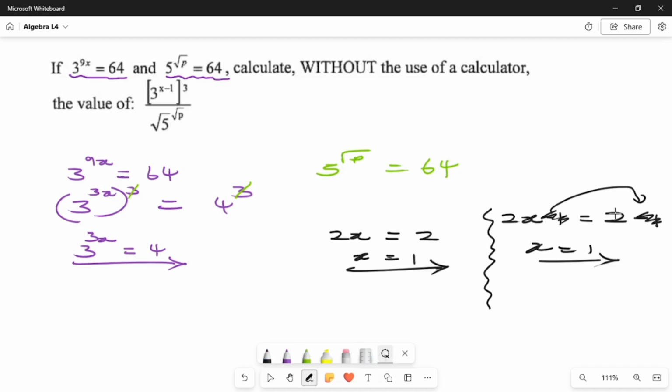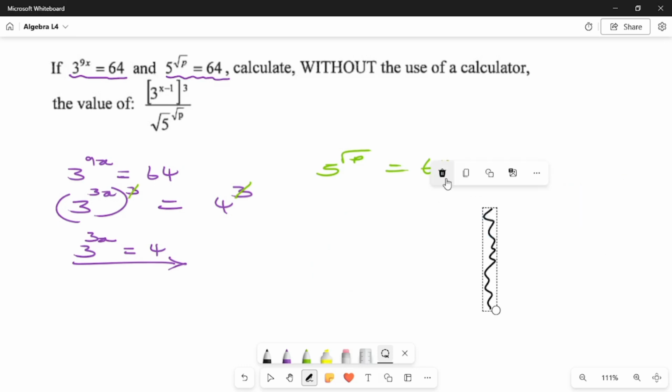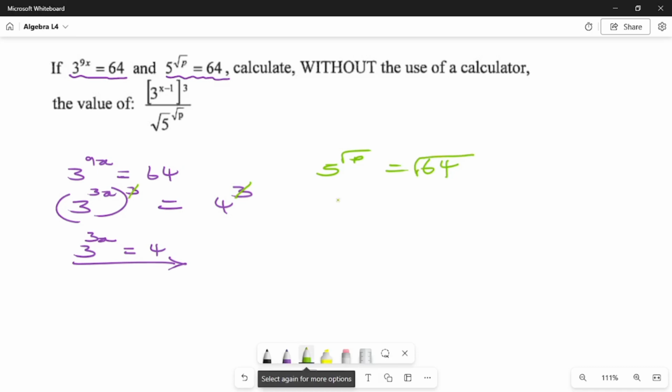Now, watch what I'm trying to say. I am trying to show you this. When we have something like this, if we root the right hand side, we do the same on the left hand side.